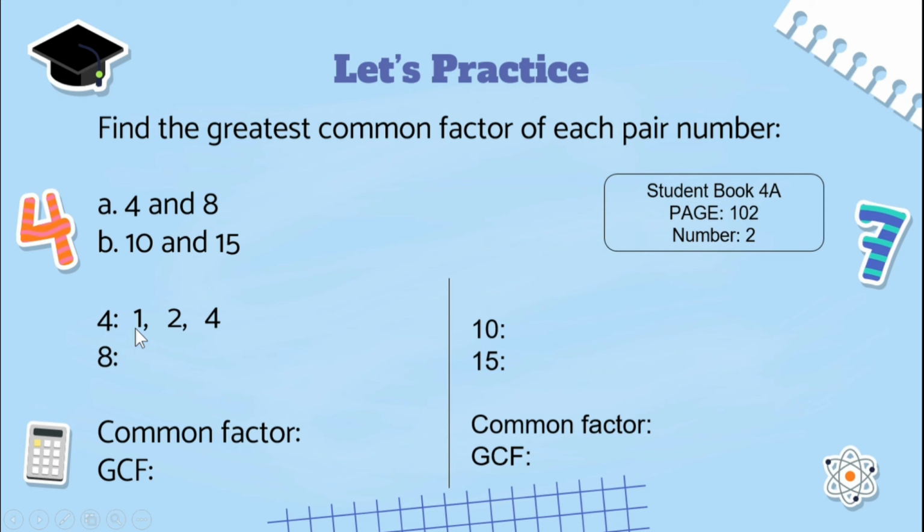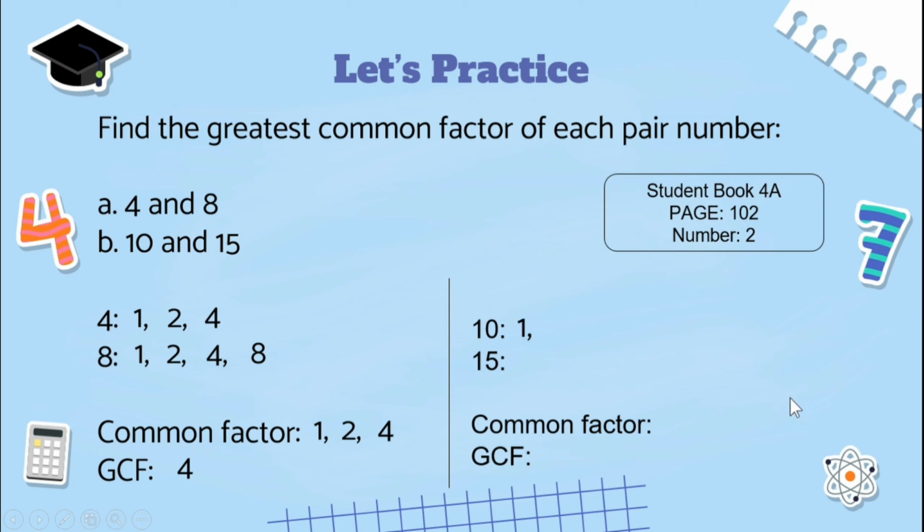Because 2 is an identical number, we only need to write it once. Now factors of number 8: 1, and then the number itself, 8, and 2 and 4. So we have common factors, the same numbers, 1, 2, and 4. So the biggest number will be 4. So the greatest common factor is 4.